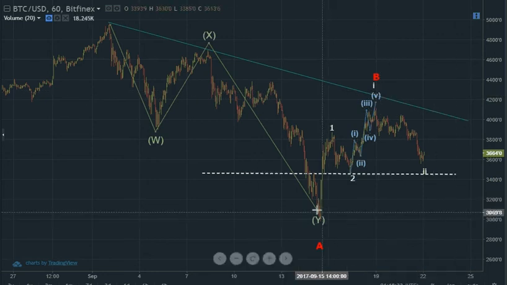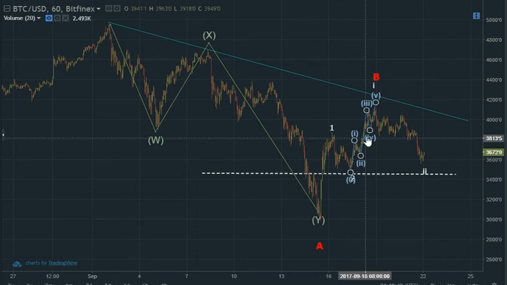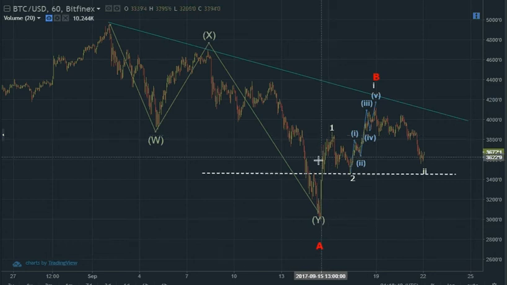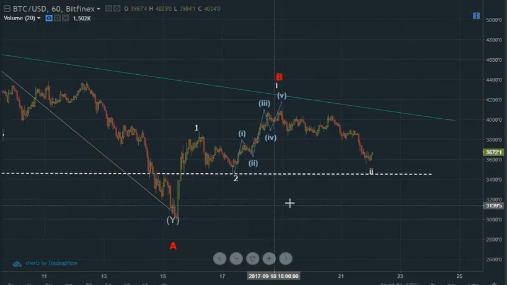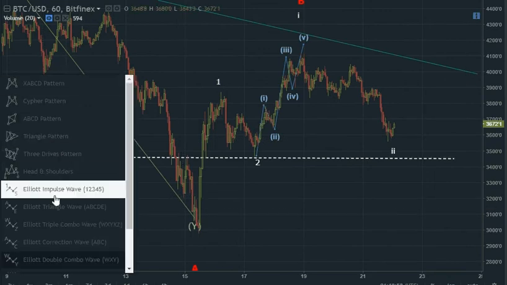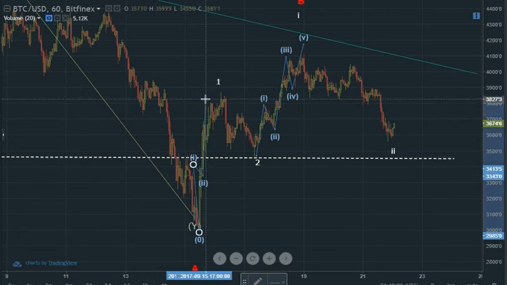So once again, this is the line in the sand for me. If price goes below the beginning of wave 1 of 3, then this was 5. Let me bring it closer. 1, 2, 3, 4, 3, I'm sorry.